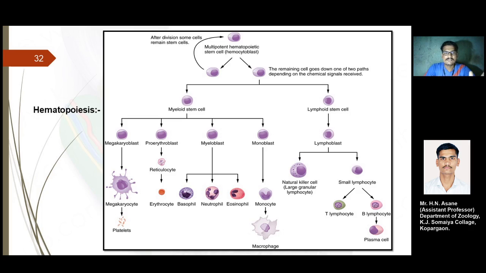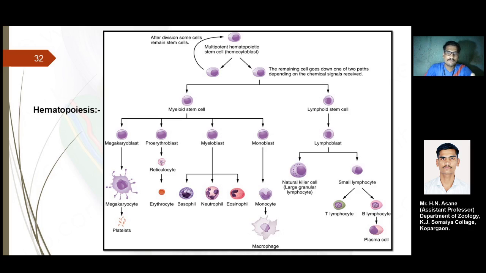The precursor of the erythrocyte, or the parental cell of the erythrocytes, is the reticulocyte, and these reticulocytes are converted from the proerythroblast. The proerythroblast is the precursor cell of the erythrocytes itself.